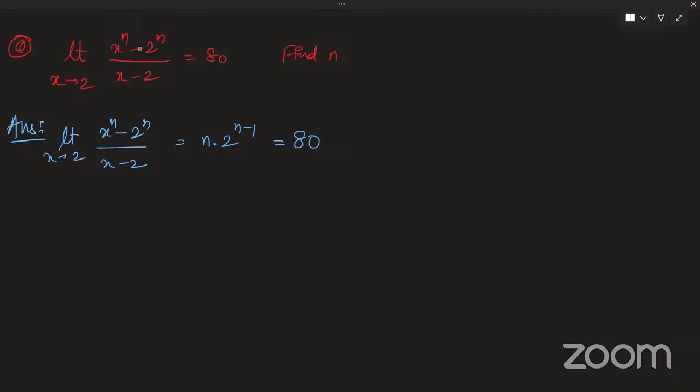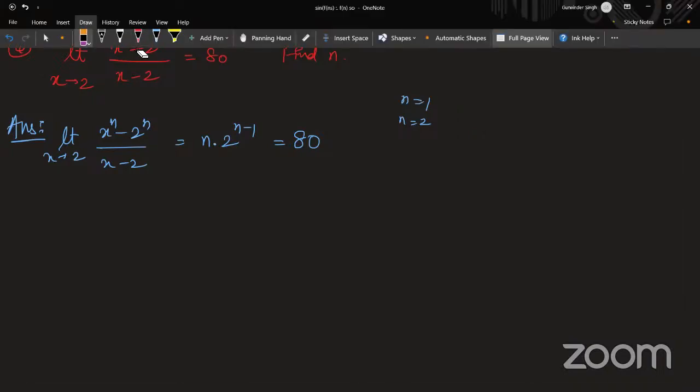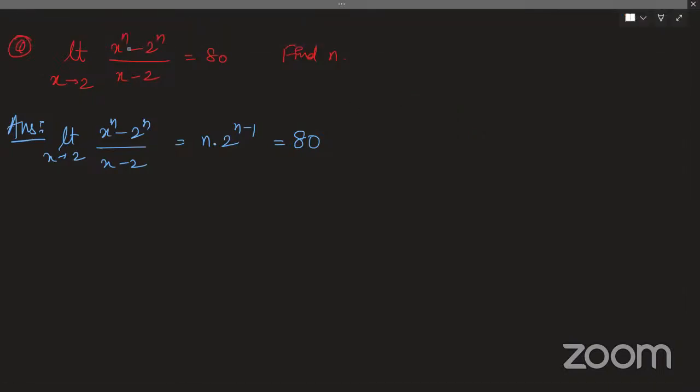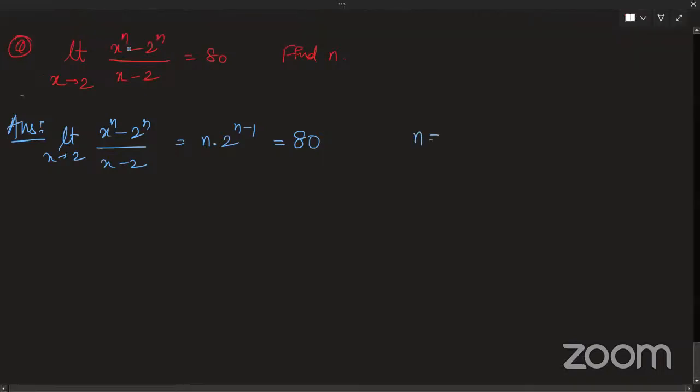You can just directly check by plugging in values. You can substitute n as 1, 2. Yes, n is 5. Correct. N is 5. Really simple.